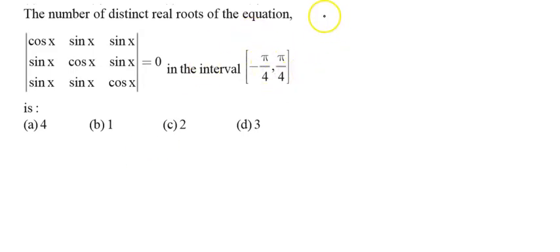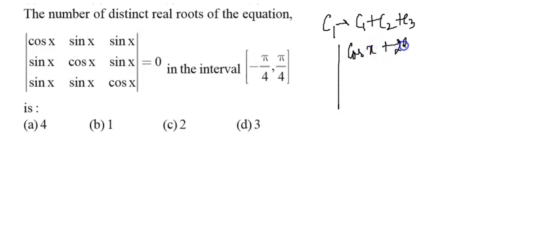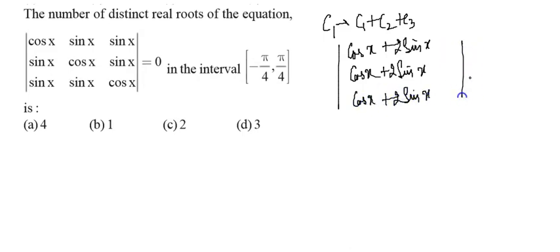What we can do here, you just apply this operation: C1 changes to C1 plus C2 plus C3. This determinant will be cos x plus 2 sin x, again this will be cos x plus 2 sin x, and cos x plus 2 sin x. So we get the first column of this determinant, remaining two will be as it is.